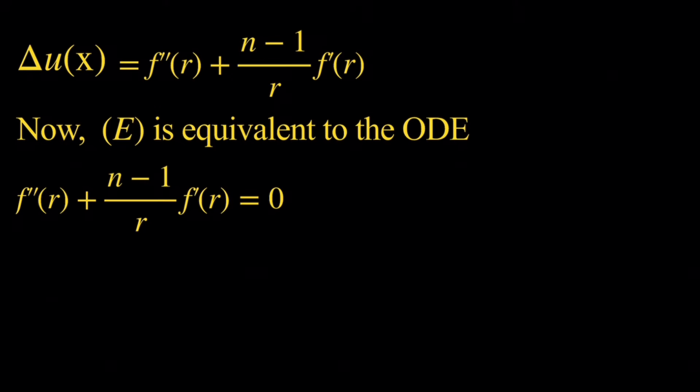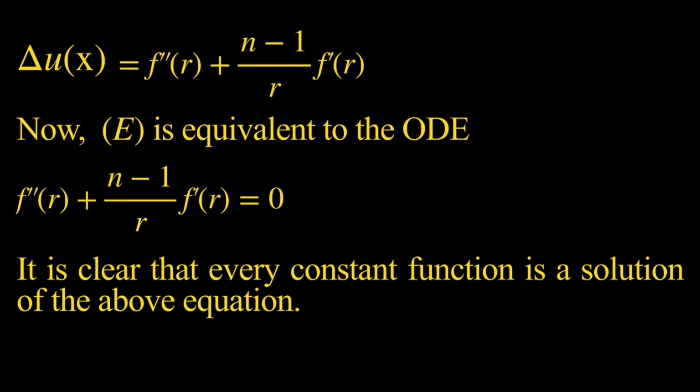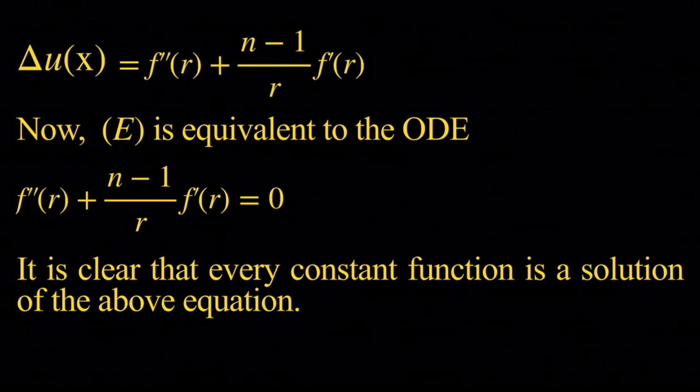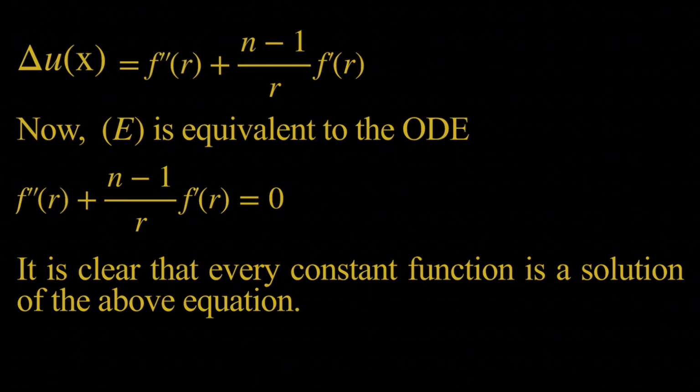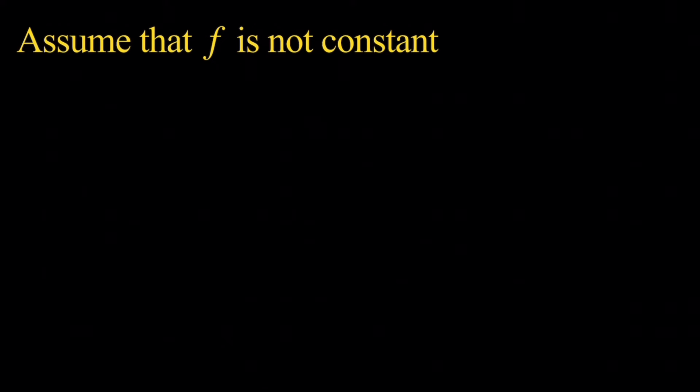So it's an ordinary differential equation that is separable. Now we can also note that this equation will admit any constant function as a solution. So we're going to exclude all the constant functions to begin with. Okay, now we want to find all non-constant solutions.